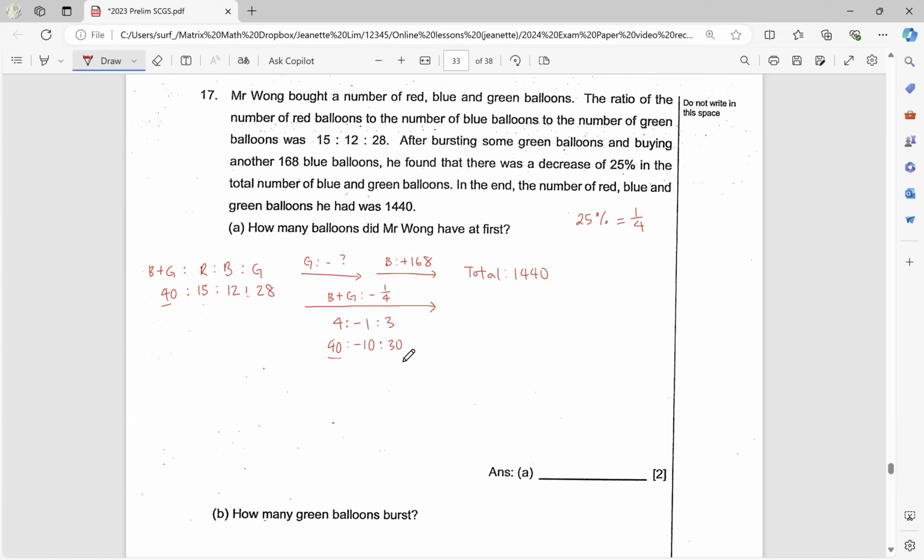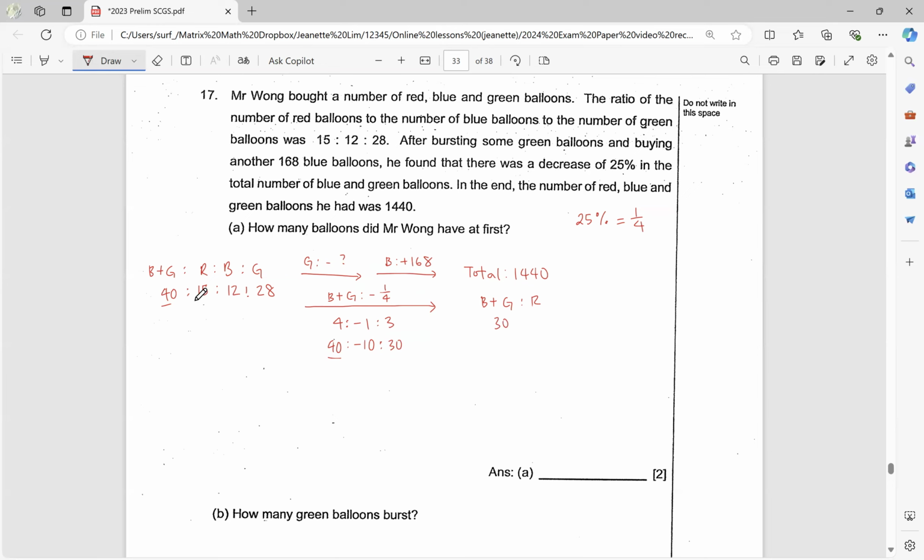Okay, so with this, I know my blue and green will change, but my red didn't change. So the red in the end will still be 15 units, whereas the blue and green is actually 30 units in the end. So what we can do is write down blue plus green to red. Blue and green is 30 from here.